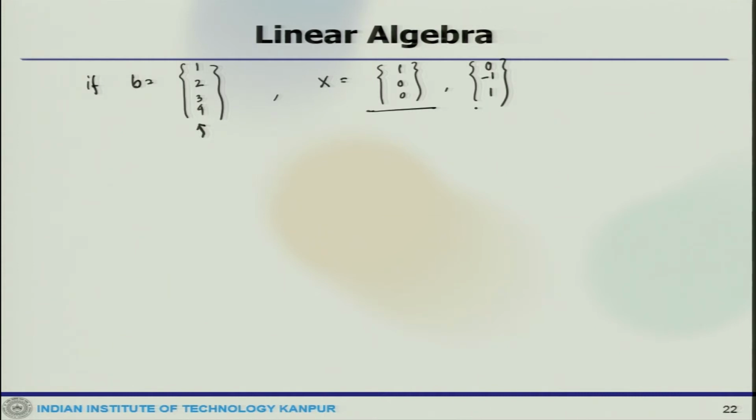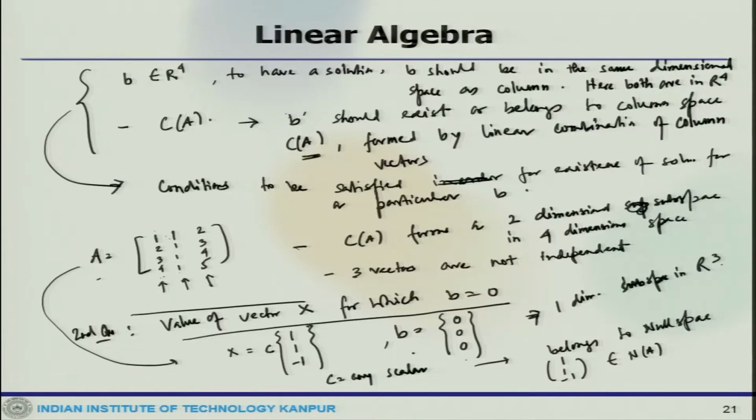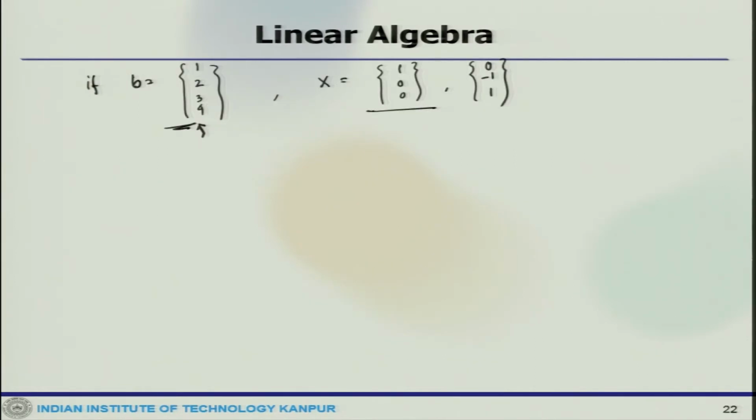Previously we had c for the 0 solution, a particular solution vector, but here we have a particular b and a solution vector, and these solution vectors do not form a subspace of R3.